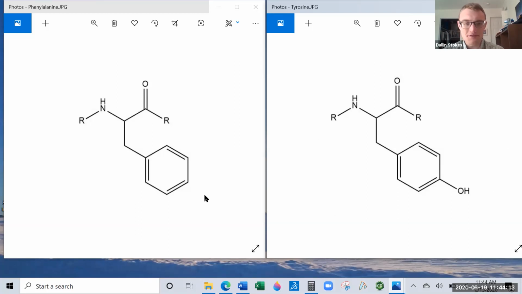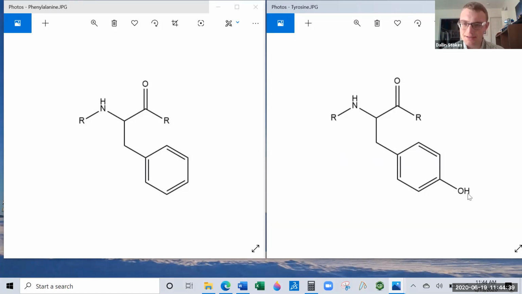Now notice the only difference between the two is tyrosine has this extra oxygen-hydrogen group over here. That's called a hydroxyl group. That actually makes it an alcohol. Fun thing for that. Okay, anyway, that's a hydroxyl group off there. And so this enzyme, what it's doing is it's taking phenylalanine and it's adding a hydroxyl group to it.